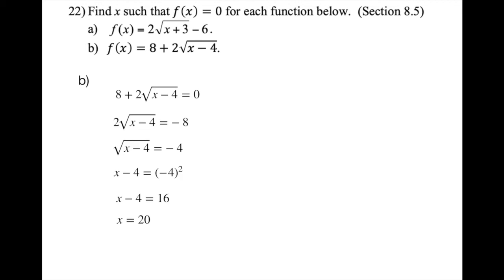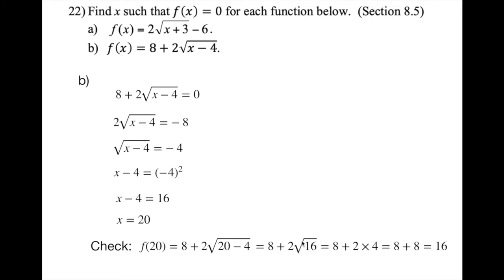So again, we need to check whether this x equal to 20 will be the solution of the original equation. If we plug in x equal to 20, the right part of the equation, the function will be 8 plus 2 times the square root of 20 minus 4, which is 16. So 2 times the square root of 16, which is 4, will be 8.